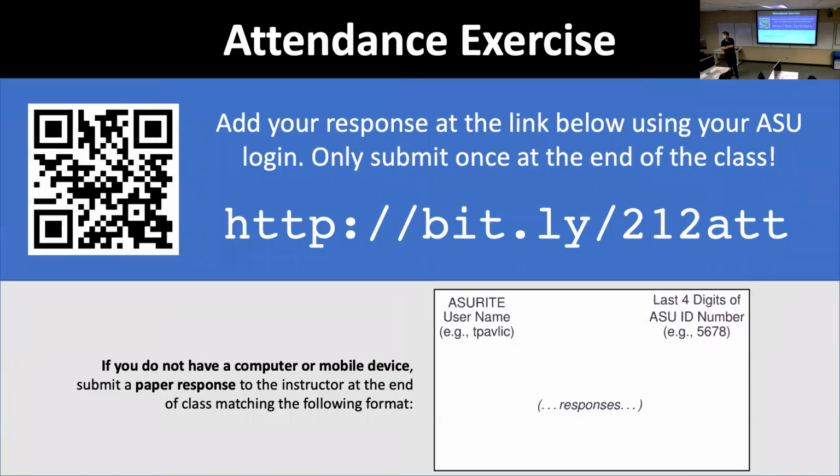All right, I'm happy to take any other questions, but let me give the attendance exercise, and then I'll let you go. If I can manage to get my mouse back. Here we go.